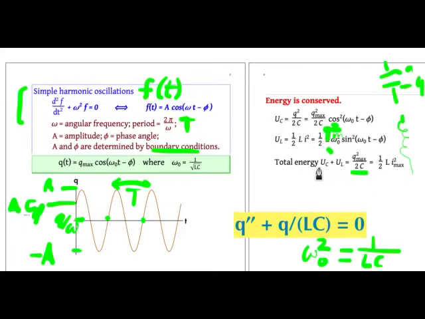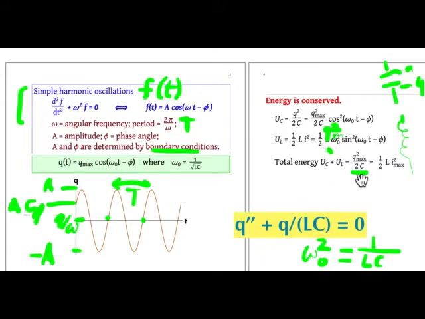And at any time, the energy stored in the capacitor will be less than the maximum possible. The energy stored in the inductor will be just enough so that the total energy is again Q squared max over 2C.